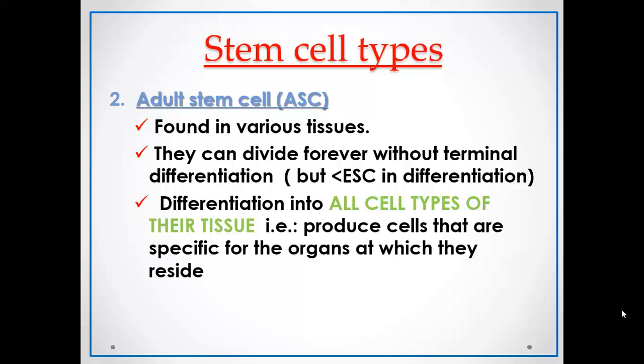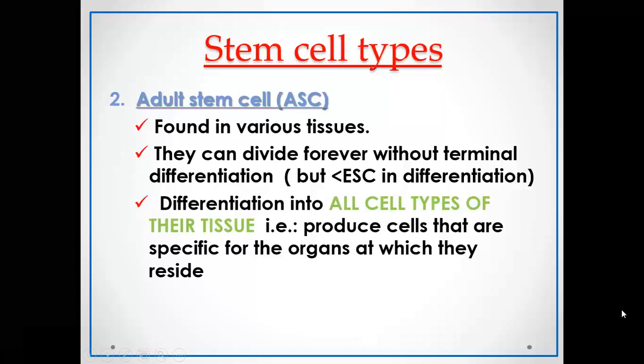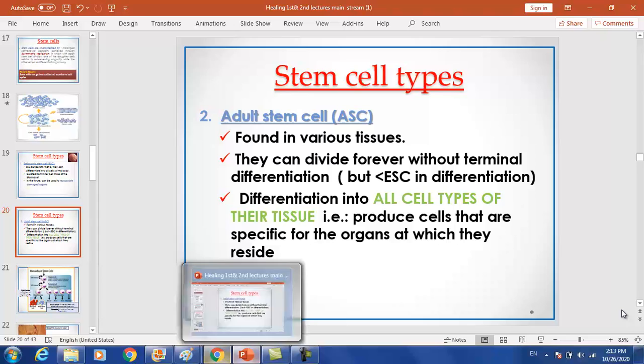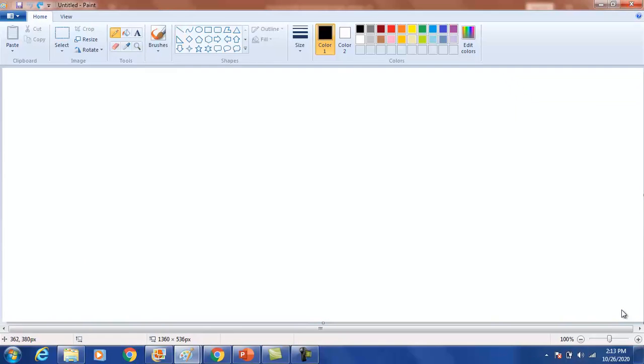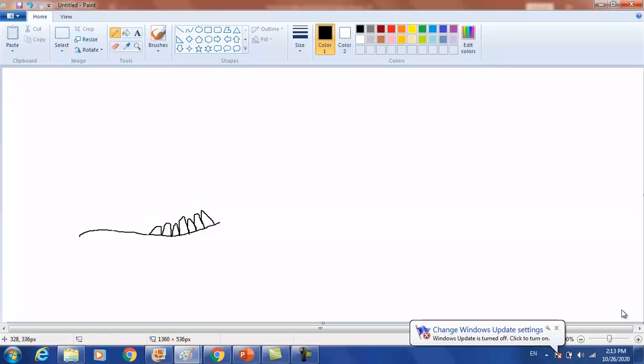The stem cells of the skin epidermis can proliferate into either the basal layer, basal columnar, or, sorry, I will go back here. Let's say that this is the epidermis, basal columnar cells, and then polygonal cells. That's right, you know that from histology.